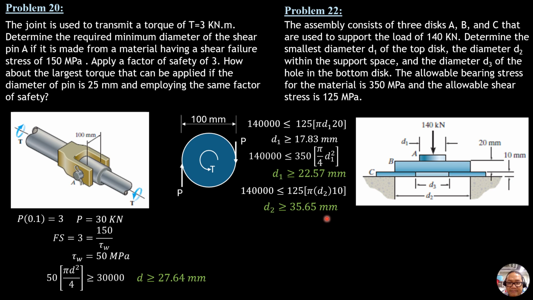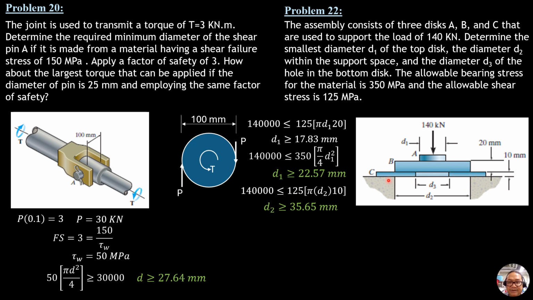Then we can check for bearing, but we need to solve for D3 first. So for diameter 3, we have only bearing stress left because for shear, this will fail by shearing here.